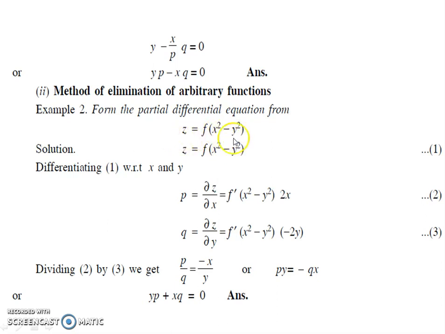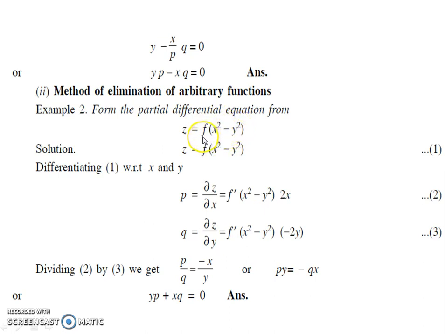But here, generally, you have seen in earlier topics that we talk about a function of one variable, simply f of x, a function of two variables as f of x, comma y, a function of three variables, you can say f of x, comma y, comma t, etc. But here this is not x comma y or x comma y comma t. This is x square minus y square.